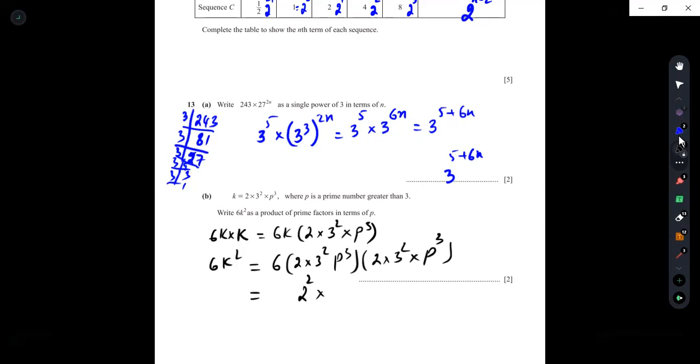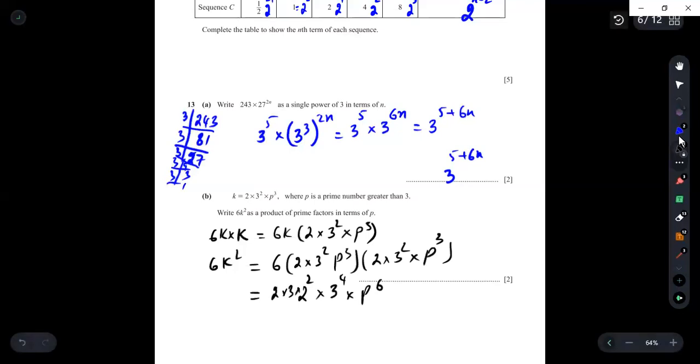So powers will be added. Power 2 will become power 4. p cubed and p cubed will become p raised to the power 6. And still there is a 6 here that needs to be taken care of. And as we need the product of prime factors, any factor that we are writing should be a prime number, not a composite number. So 6 can be written as 2 times 3.